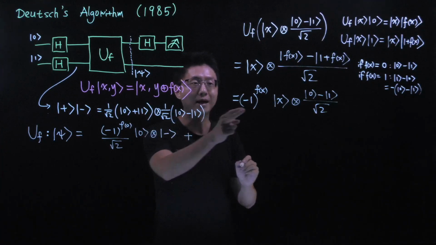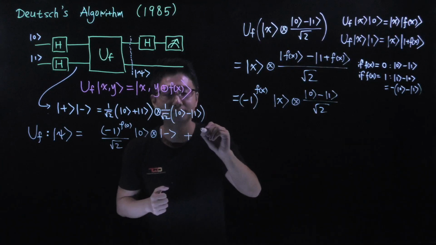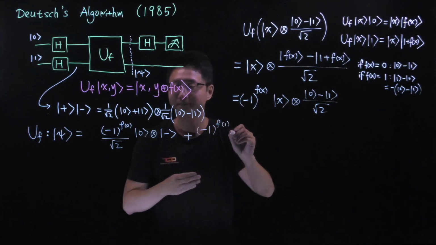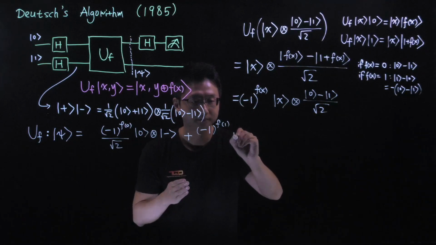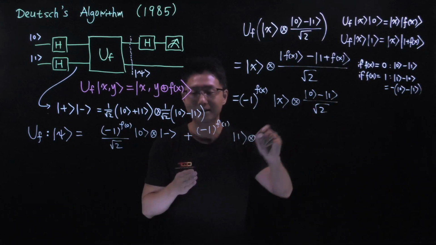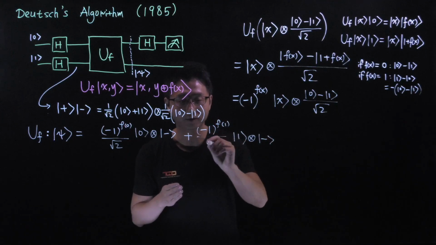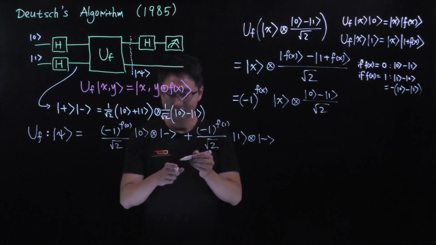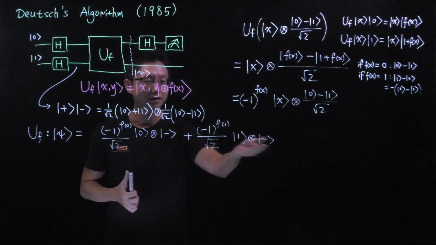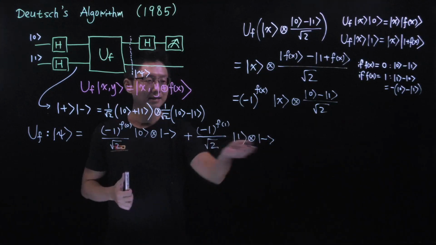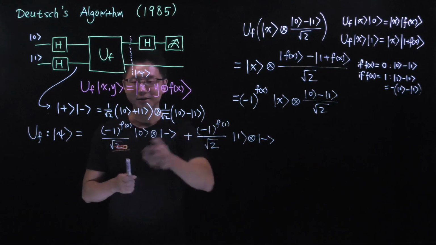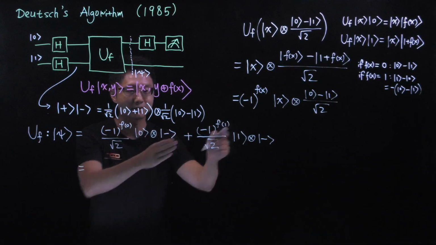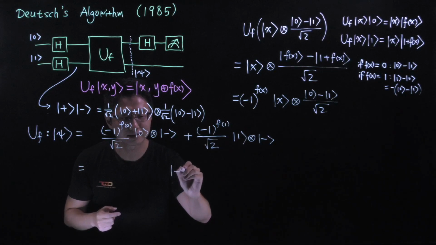So when x is equal to 1, I have minus 1 to the power of f of 1 with the 1 ket tensor with again the minus ket over square root of 2. Okay, so what you see over here is that the second qubit is always in the same state minus, tensored with something in front. So that means this can be written as a tensor product of the first qubit with the second qubit, where the second qubit is always minus.